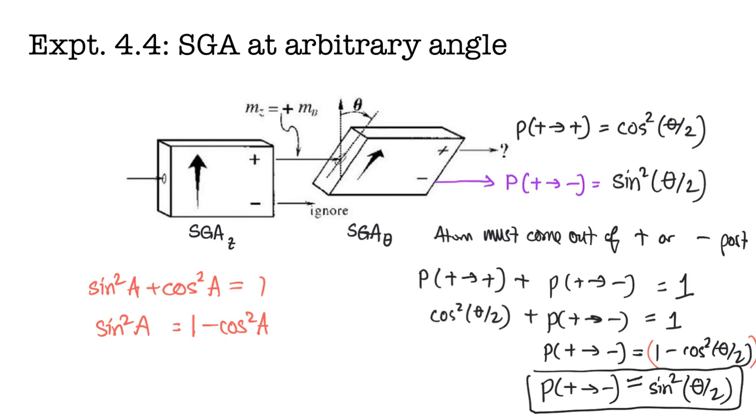And the cosine squared and the sine squared are kind of complementary to each other, right? So if we have a plot of cosine squared, it looks like this. And a plot of sine squared would start at 0, ramp up to 100%, and then ramp back down to 0, like so.